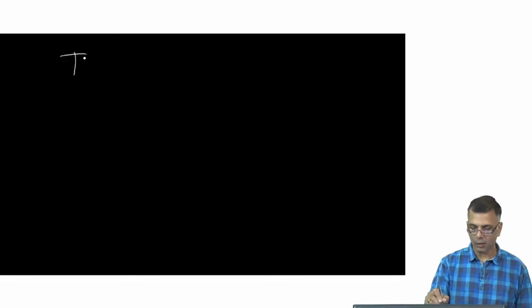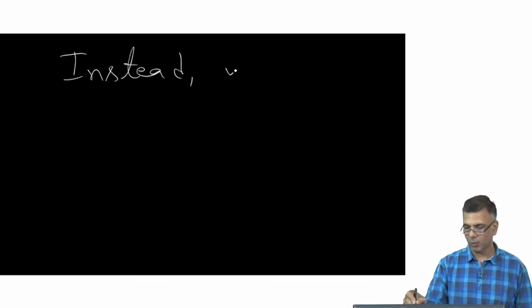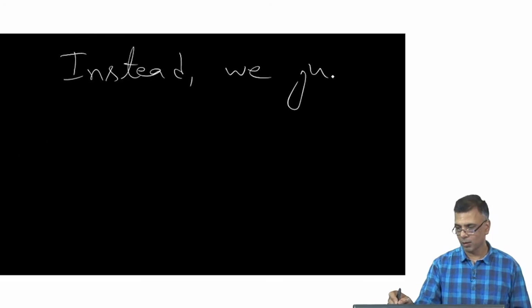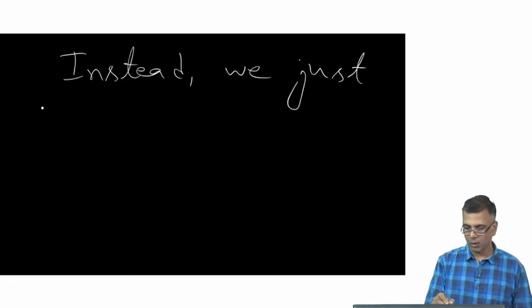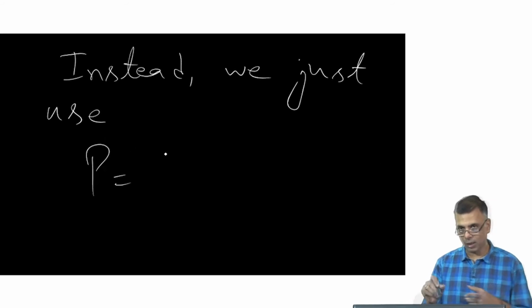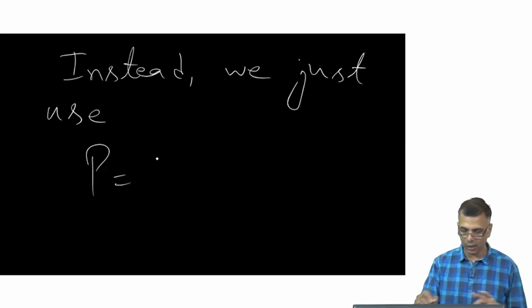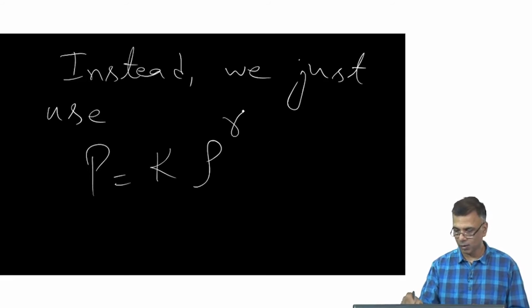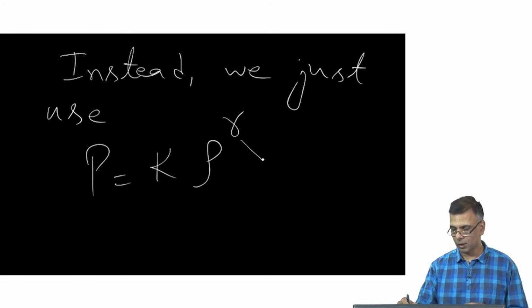Instead, we just use something like P equals K rho to the gamma, now this K is not the same as the other K that appeared in the conductivity, where this gamma would be an adiabatic index.